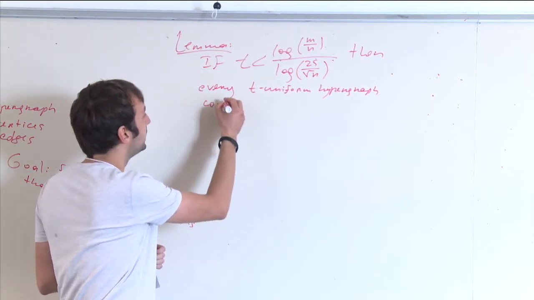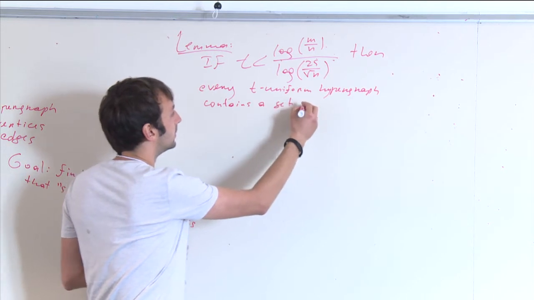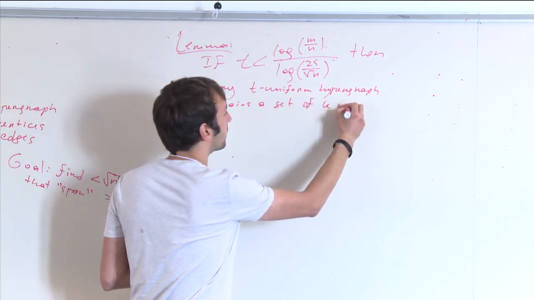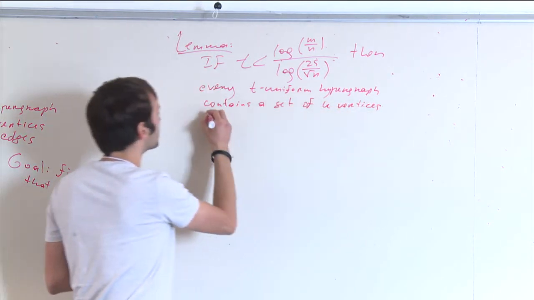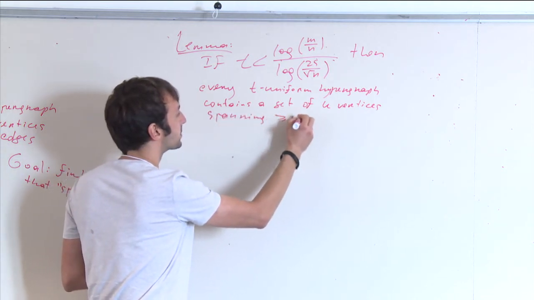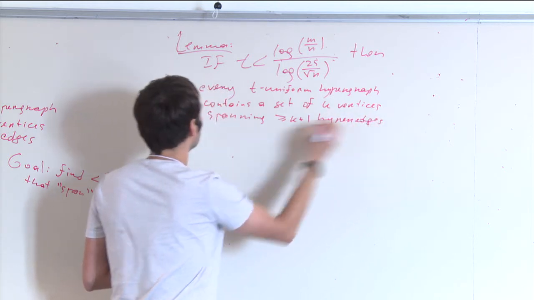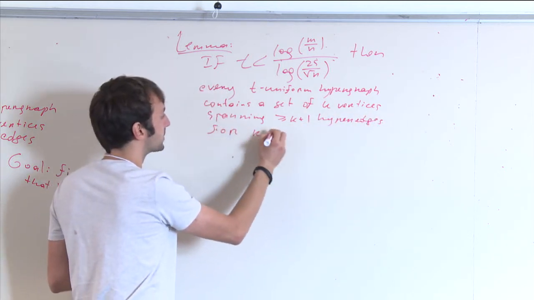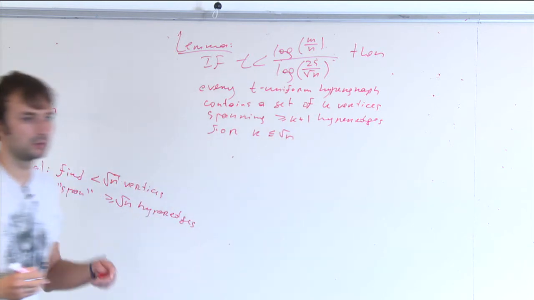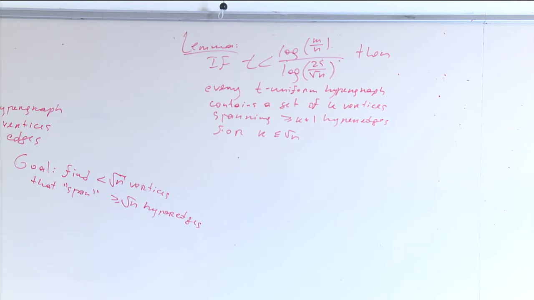So I want to say it contains a set of K vertices spanning at least K plus 1 hyperedges, and K will be, say, square root of n. Once we prove this lemma, we have that every data structure computing any square root of n-wise independent function must satisfy this.